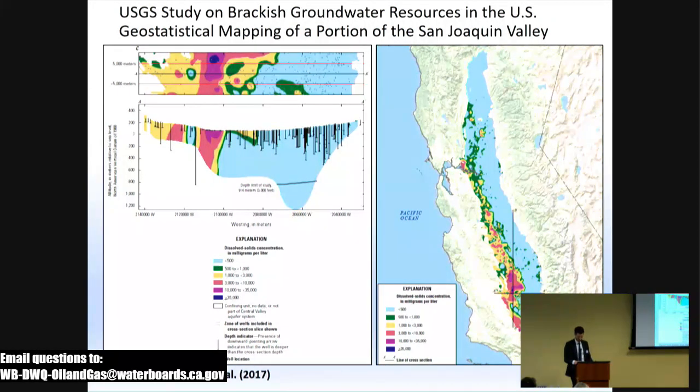Although the west side, it's looking more and more like, and this has been characterized in a number of studies over the past number of years, the shallow groundwater, the groundwater you first come into contact with as you're drilling down, is often quite a bit more saline than groundwater resources that lie below it.